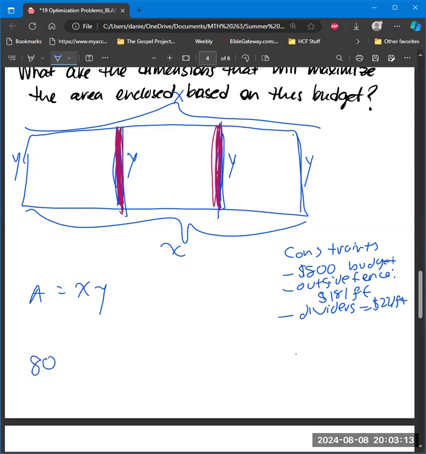So $800 is equal to $18 times all the outside dividers, which is going to be 2x plus 2y, plus, and then 22 times 2y.